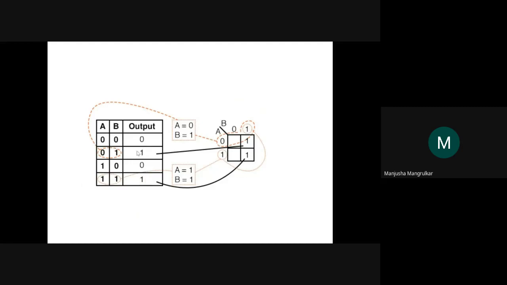What will be the Boolean expression for this table? As per our knowledge, this is 1 and this is 1. The equation would have been A complement B plus AB, right?